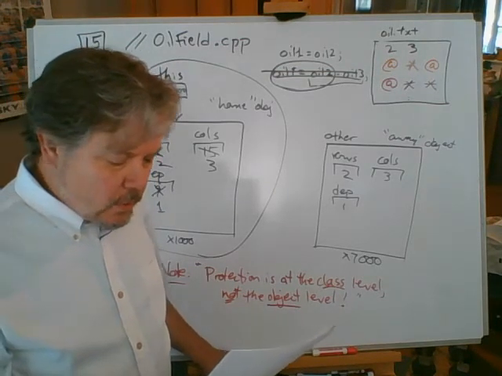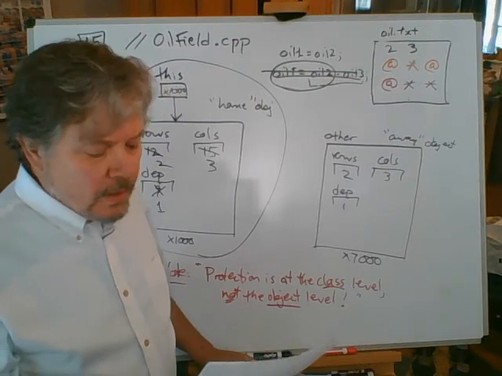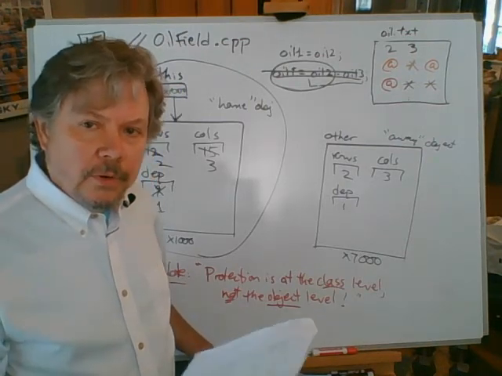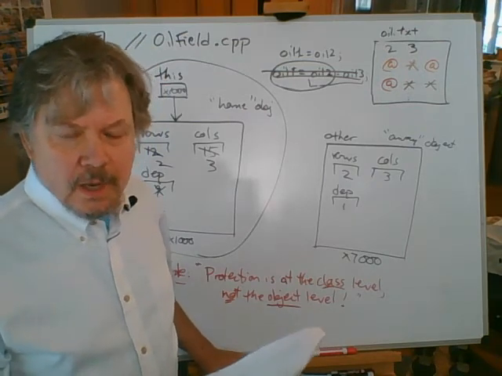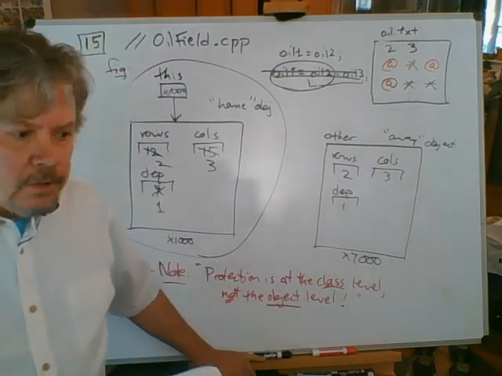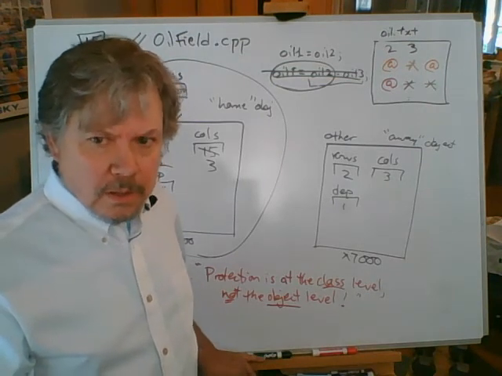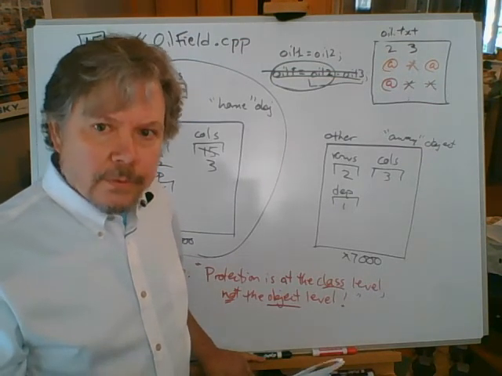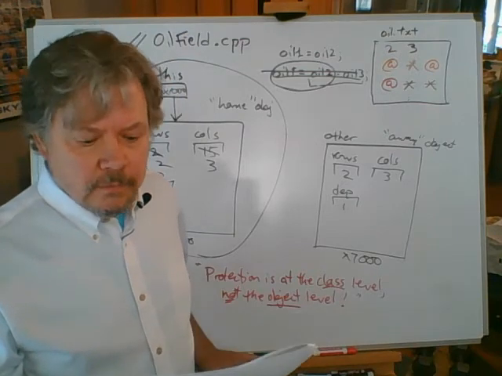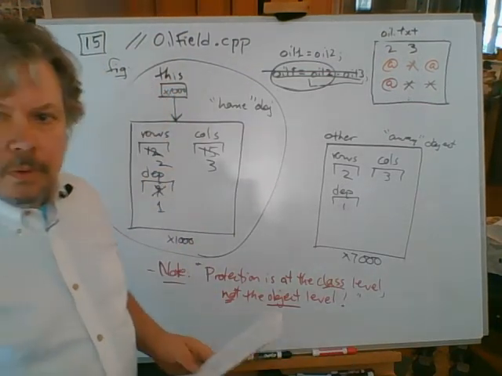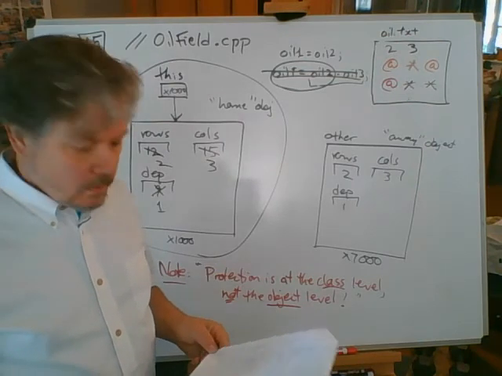Just a sort of a review here, I could have written 109 as this arrow grid RC equals other dot grid RC. And the reason I keep doing that is to make sure that you understand the difference here between why we use an arrow in one case and a dot in the other. Other is an oil field variable. This is not an oil field variable, it's the pointer variable to an oil field variable.